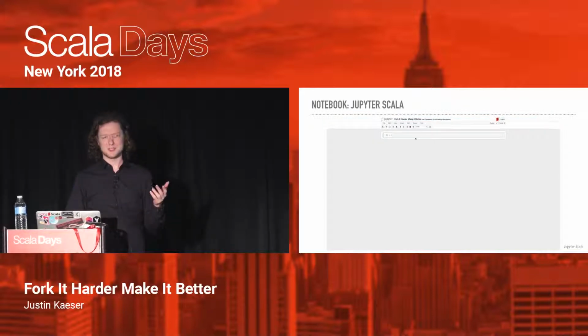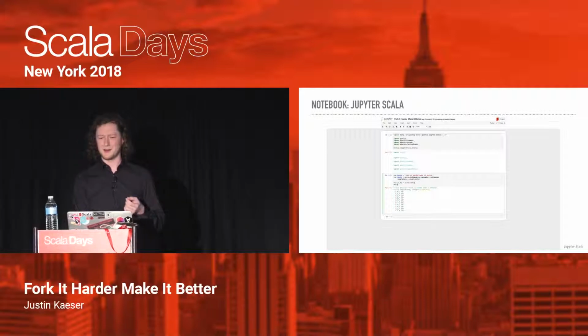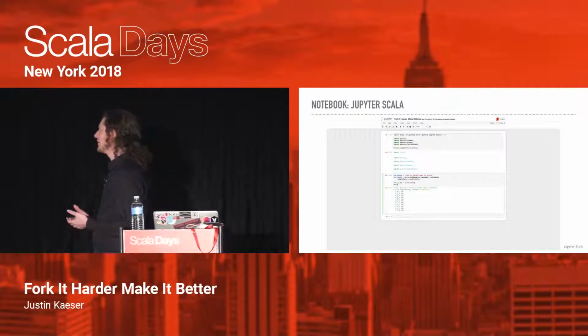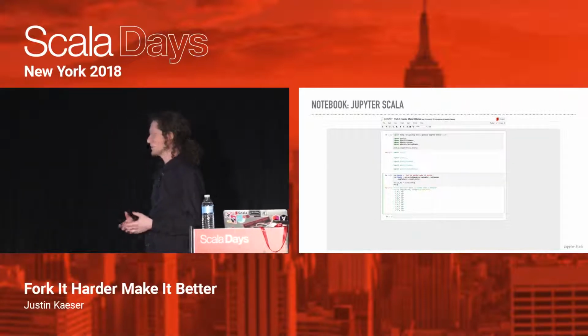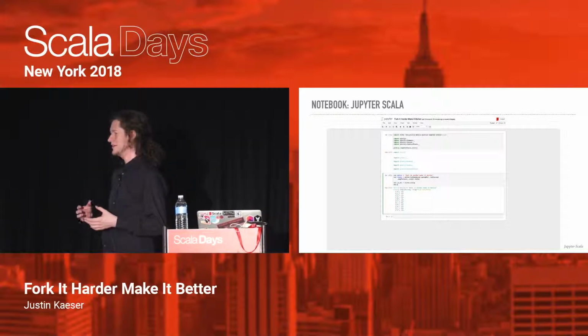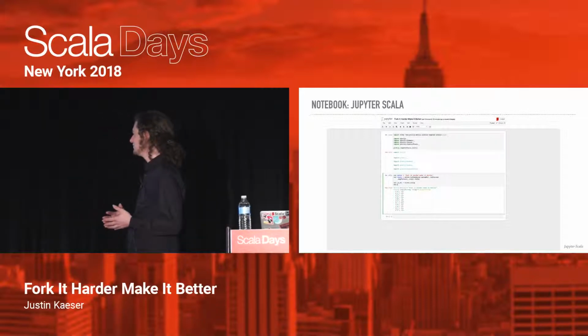So another approach, my favorite actually, is the notebook, which is a bit of a cross between worksheet and REPL. So you keep a persistent state around, but you also have a multi-line editor where you can go back and change things after evaluating them.